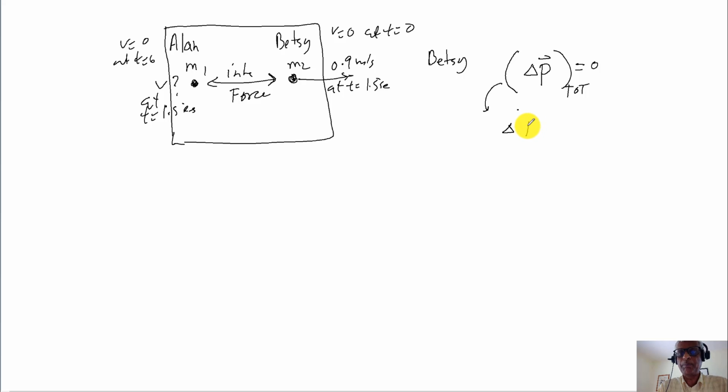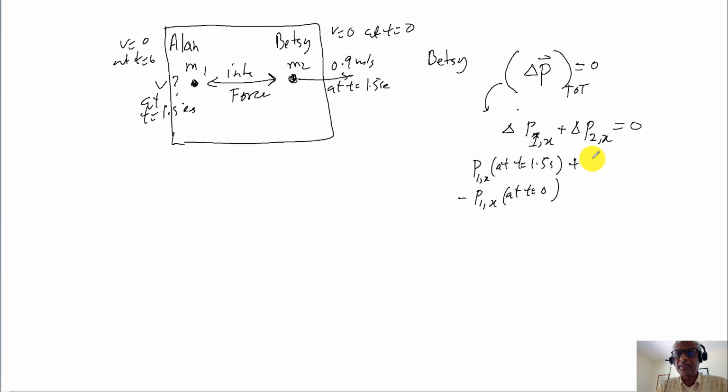Delta p1x plus delta p2x equals 0. And what is each delta made of? p1x at t equals 1.5 second minus p1x at t equal to 0, and similarly p2x at t equals 1.5 second minus p2x at t equal to 0, and this whole thing is 0, right?